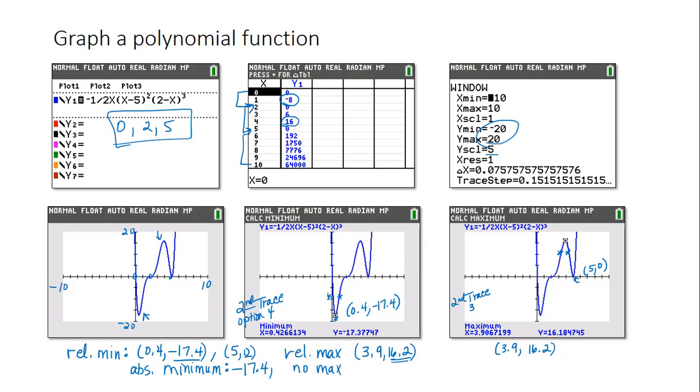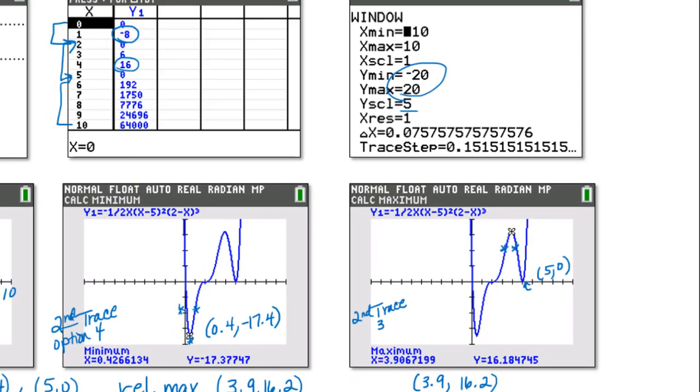Now, what about increasing, decreasing? So the function is increasing on what interval of x? Notice that we first start with decreasing, and then we get to this minimum point, and then it goes up to this maximum point, then it goes back down, and then back up.